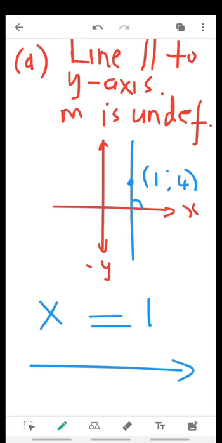That means its equation will just be x equals 1 because we don't have the gradient here. So the mx part is not there. And also, this is a constant function, meaning it is only passing through x equals 1, because this is a line parallel to the y-axis. Well done. So the answer is x equals 1.